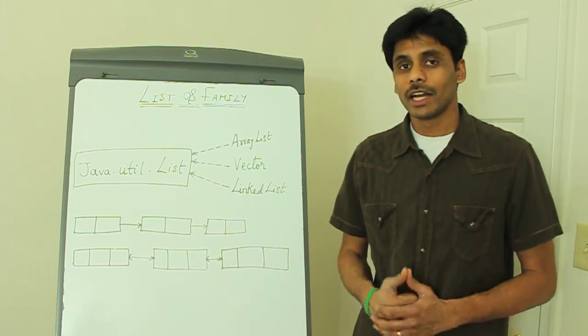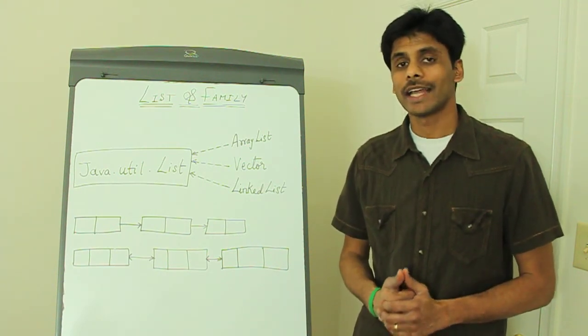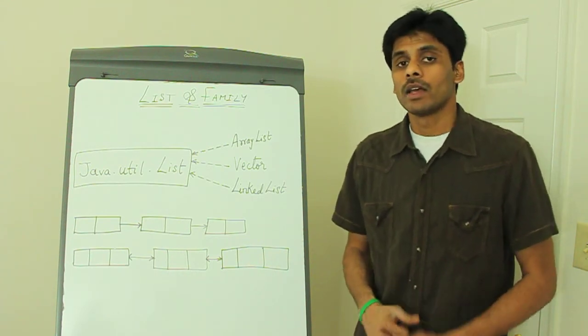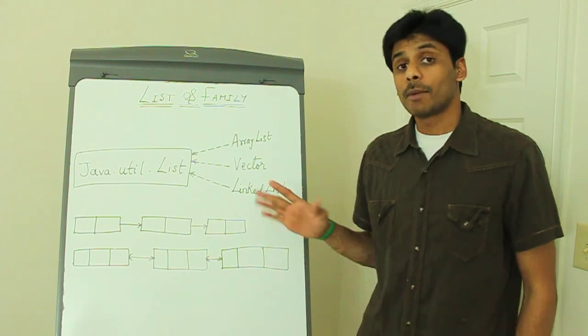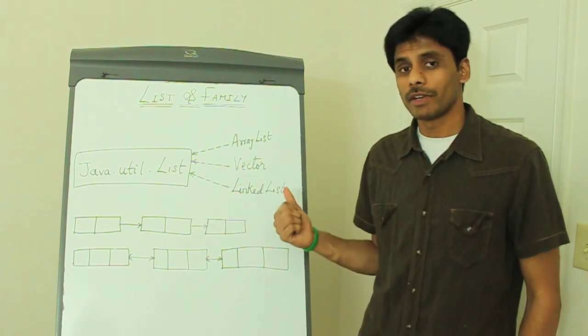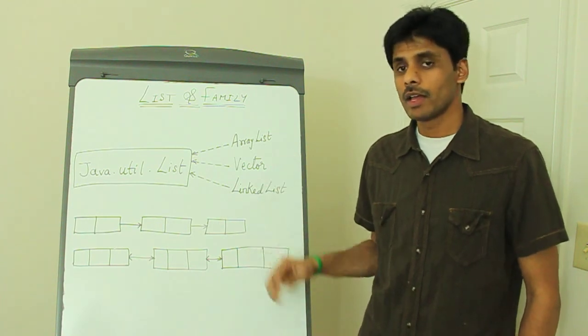To summarize, now you know what a list is. It's an ordered data structure and it allows you to add elements using an index and also to retrieve them. And there are three different popular classes which implement it. There are other classes, but these are the popular ones we use on a day-to-day basis, and that's the reason I'm presenting only these three for now.